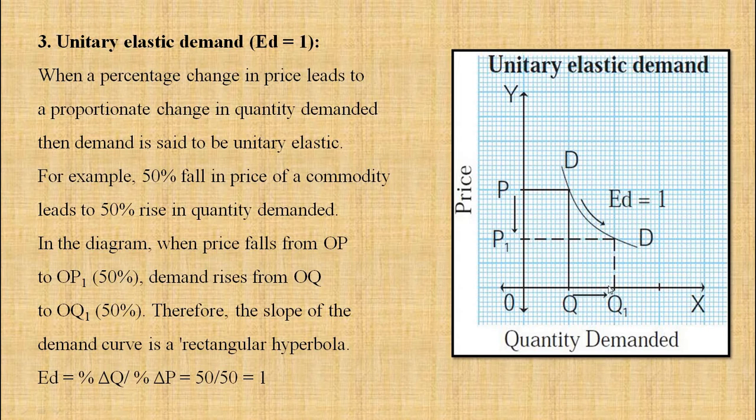So this is what is called unitary elasticity of demand, and diagrammatically it is a rectangular hyperbola. Change in price and change in demand both are the same. This is in case of unitary elastic demand.